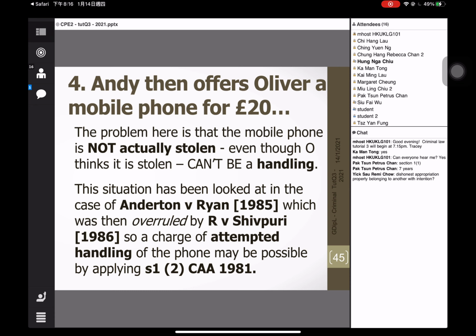Okay, and here the problematic issue is whether the defendant can attempt to commit an offence which is legally impossible to commit. So we would apply Shivpuri and Section 1 subsection 2 of the Criminal Attempts Act.